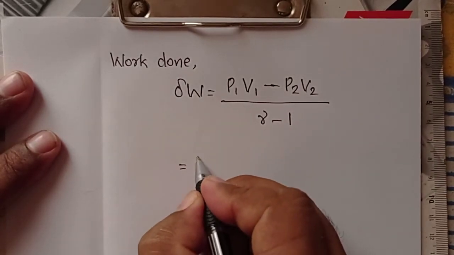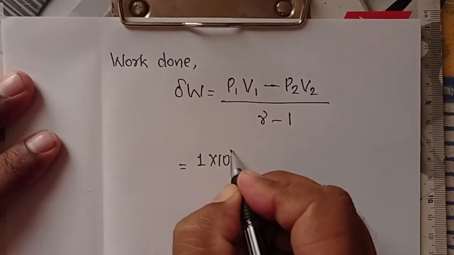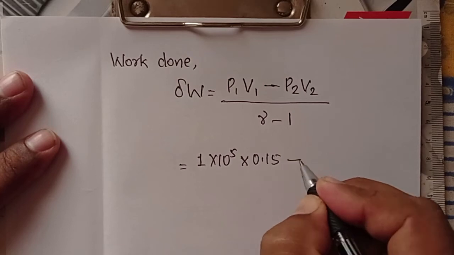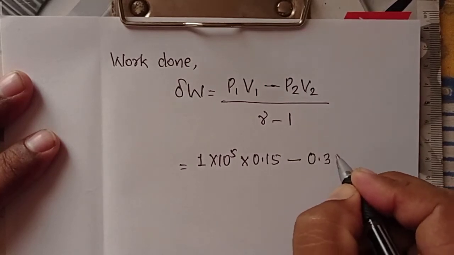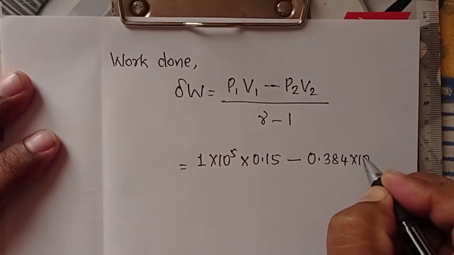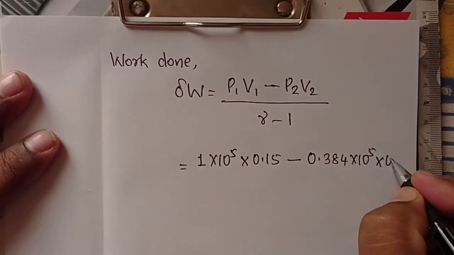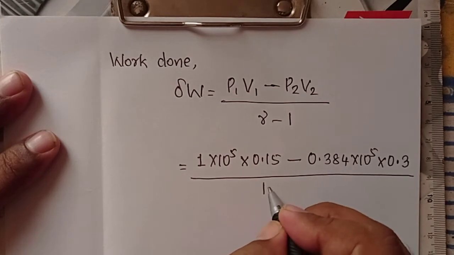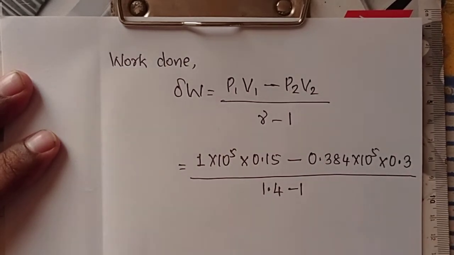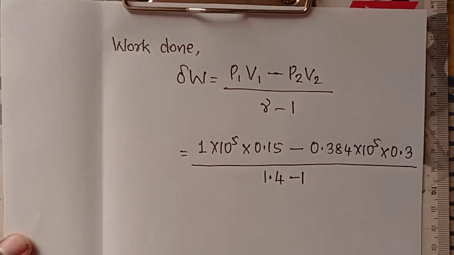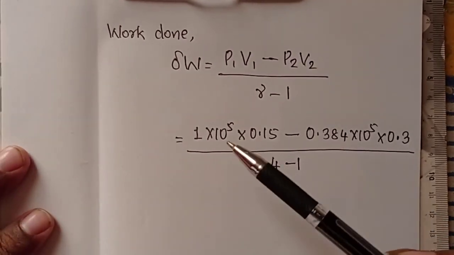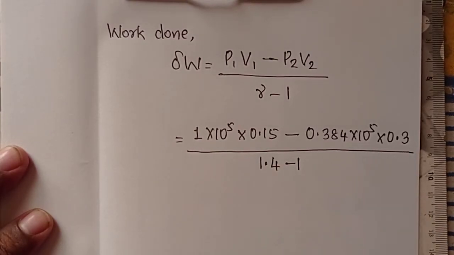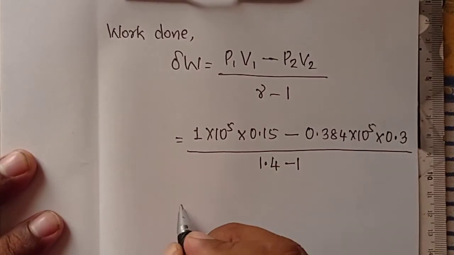P1 is 1 into 10 to the power 5 into V1 is 0.15 minus P2 is 0.384 into 10 to the power 5 into V2 is 0.3, divided by 1.4 minus 1. You can take this 10 to the power 5 or you can omit it, and you will get the answer directly in terms of kilojoules.